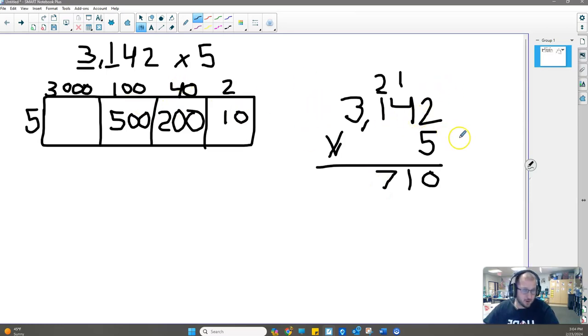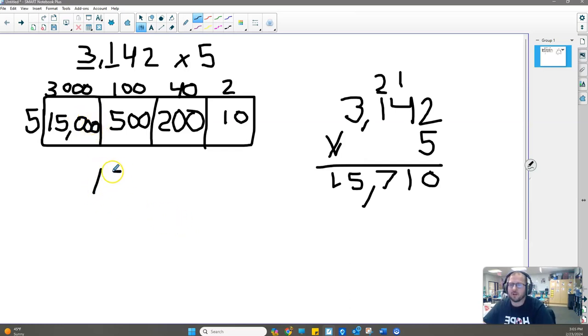And then in our old method, we would say 3 multiply 5 is 15, and we would be done. Over here, we say 3 multiply 5 is 15, but because it's 3,000, those zeros get thrown on to the end, so it's actually 3,000 multiply 5, which is 15,000.